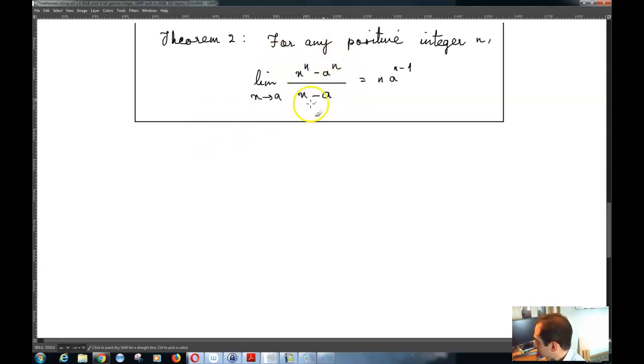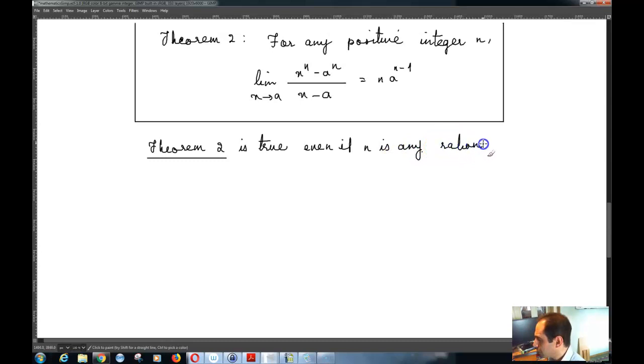So basically, I could say that theorem 2 is true even if n is any rational number and a is positive.